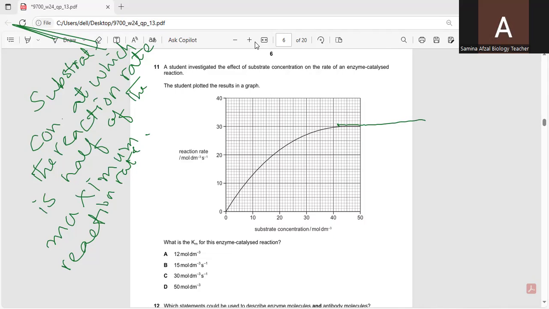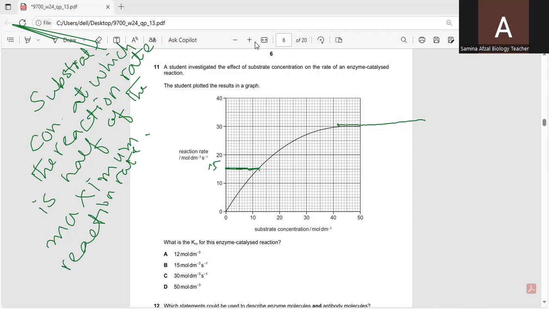So we have to take its half. Its half is 15. You can see this is 15. Half of 30 is 15.